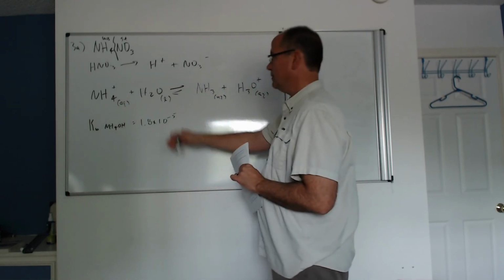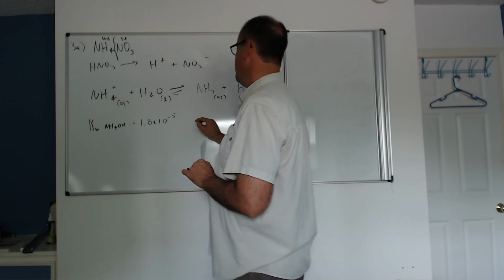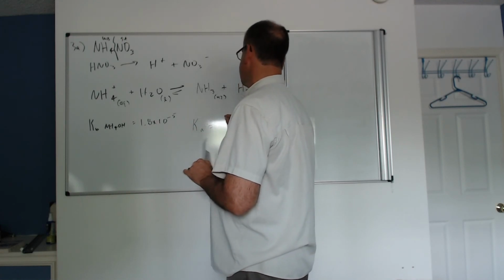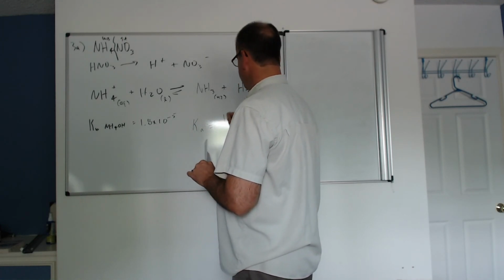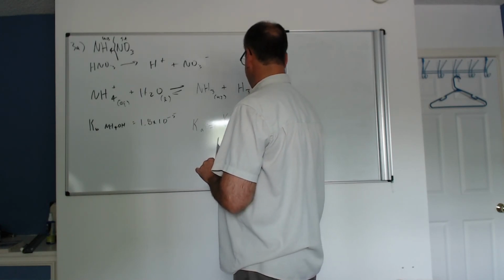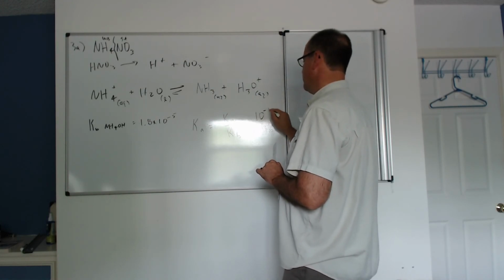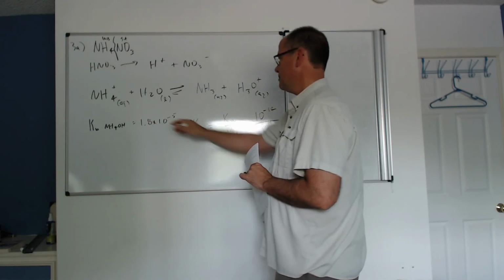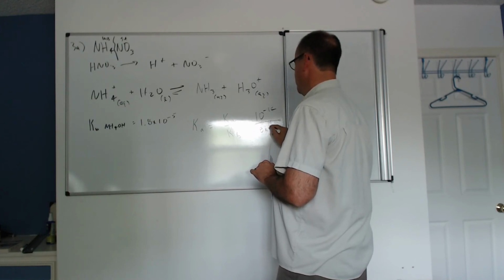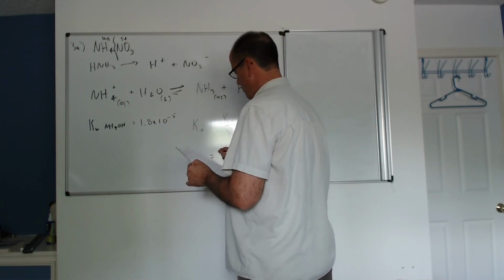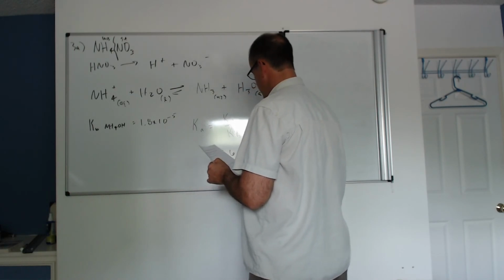So you would look that up, and then you'd say, okay, the Ka for this is going to be Kw over Kb, and Kw at room temperature is 10 to the negative 14, and Kb is 1.8 times 10 to the minus 5, and so Ka is 5.6 times 10 to the minus 10.